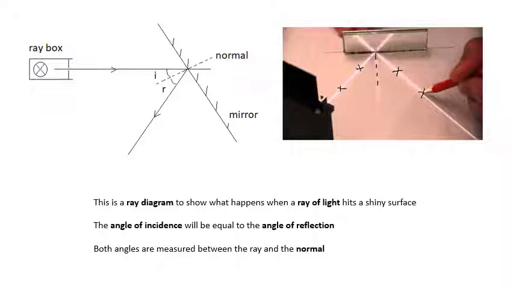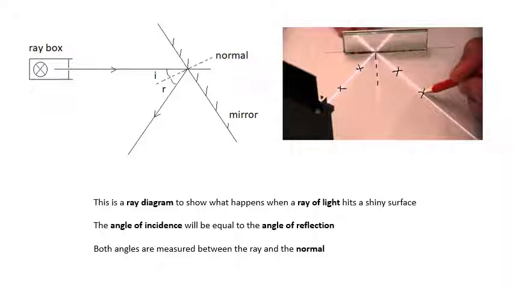And then if you look at the two angles I and R, I is called the angle of incidence and R is the angle of reflection. And when a ray of light reflects off a shiny surface like a mirror, the angle of incidence is equal to the angle of reflection.